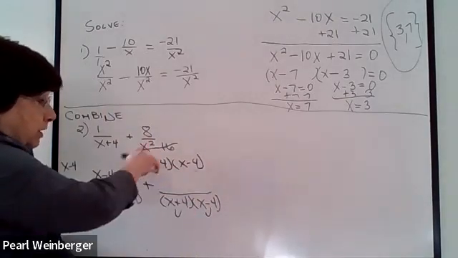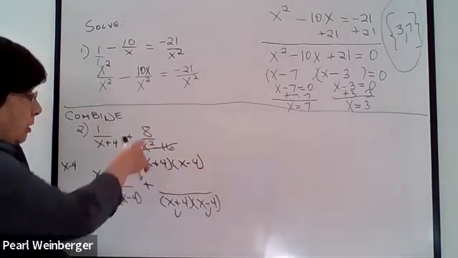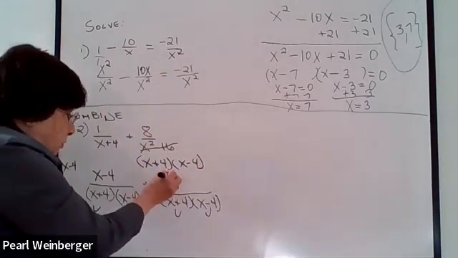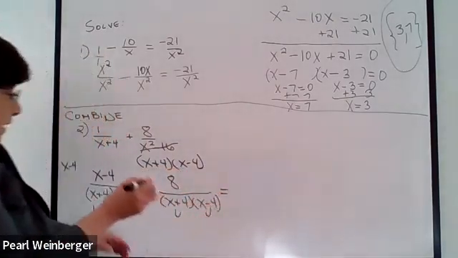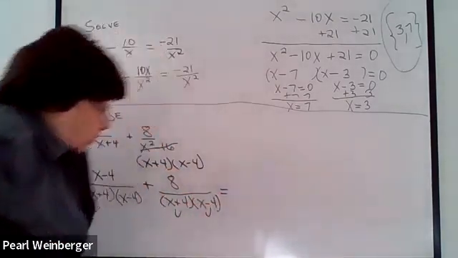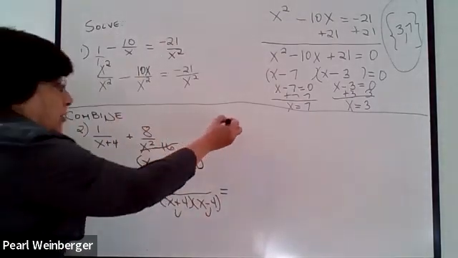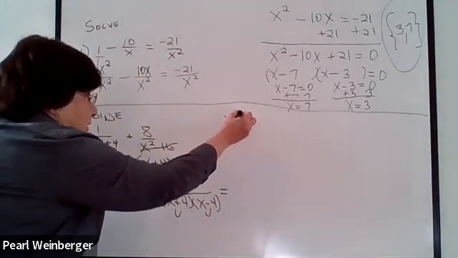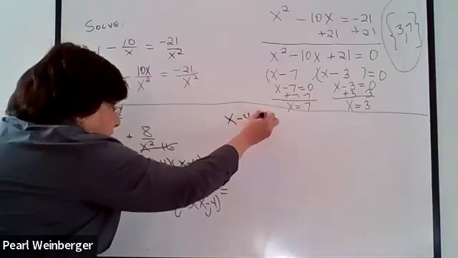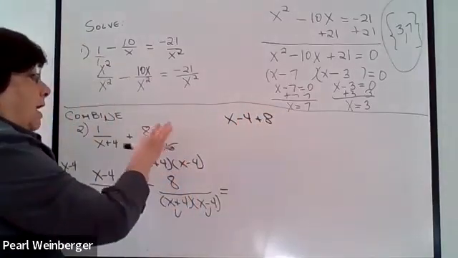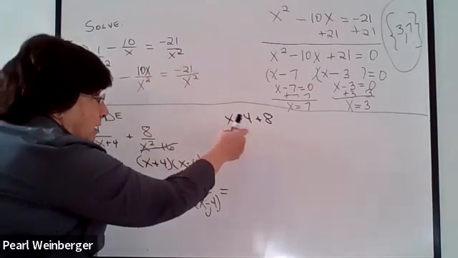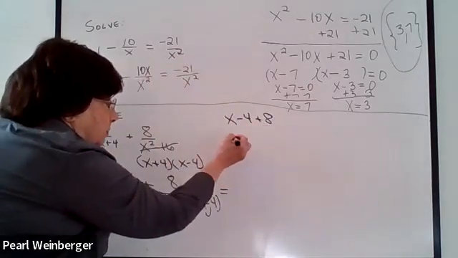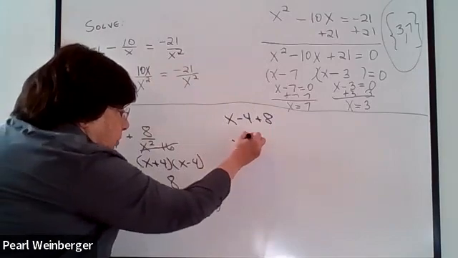I haven't multiplied the denominator by anything, so I can just leave the numerator alone. Once I've done that, I just take the numerators, the x minus 4 plus the 8, and combine those. Well, that's really easy to combine. Minus 4 and plus 8 gives me x plus 4.